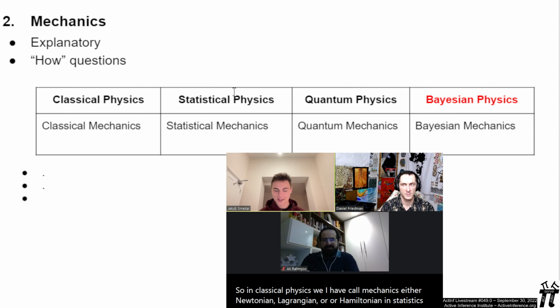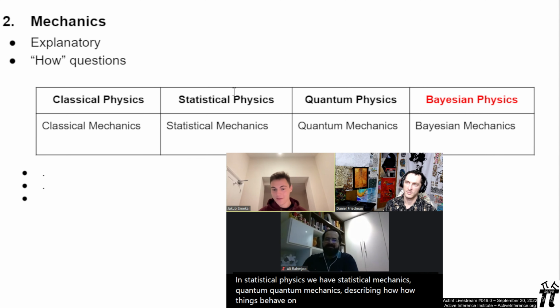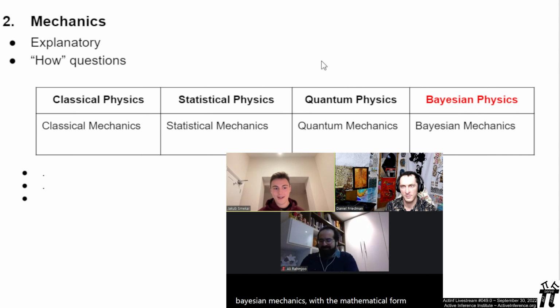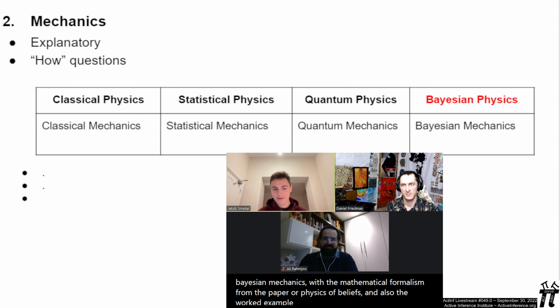In statistical physics, we have statistical mechanics, and quantum mechanics describing how things behave on a quantum scale, which we're also going to unpack a bit further in the coming slides. And then Bayesian mechanics, with the mathematical formalism from the paper Physics of Beliefs, and also the worked example.